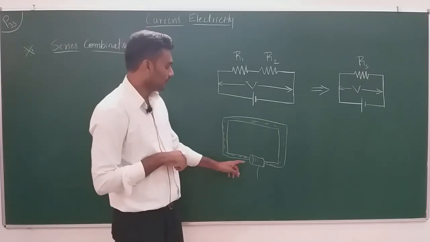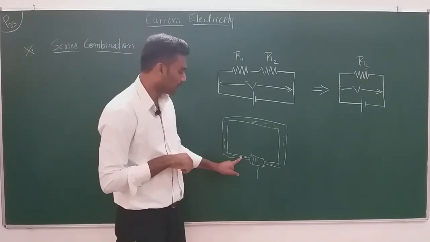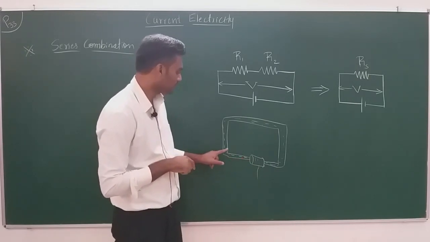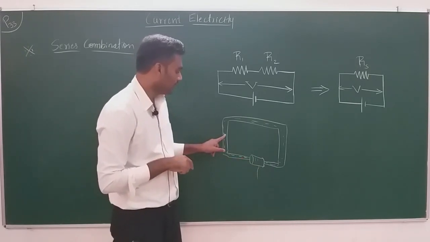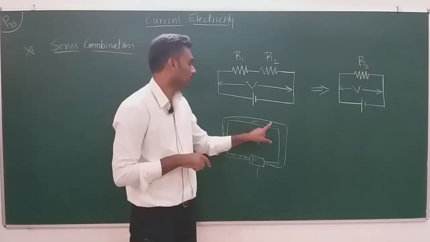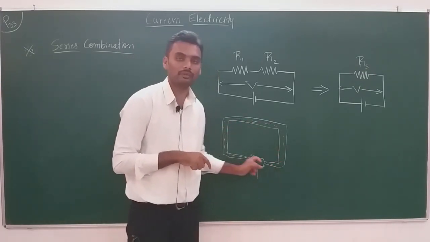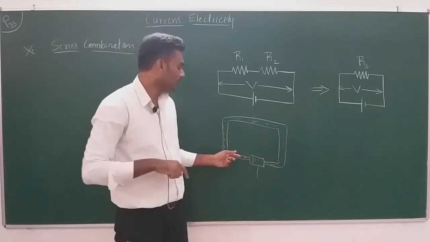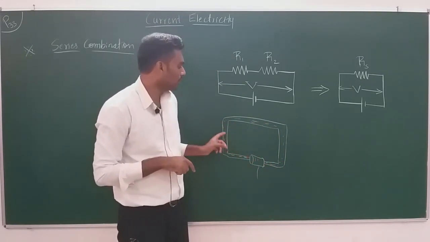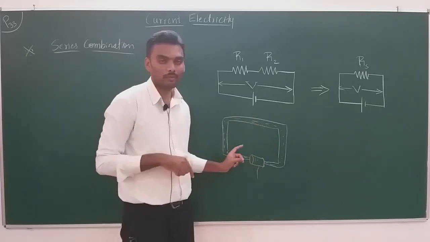Okay, so the amount of water flowing per second at this position is equal to the amount of water flowing per second at this position, similarly everywhere, right. So, until and unless the circuit is broken, the current in the circuit remains the same.